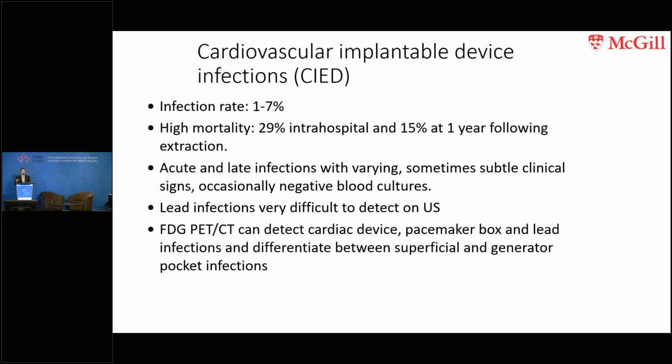Moving on to cardiovascular implantable device infections, also associated with a low incidence of infection but a high mortality, and not always easily diagnosed. Lead infections can sometimes be diagnosed with ultrasound, but it's often difficult, whereas the FDG PET scan can detect not only the cardiac device or box infection, but even the lead infections.